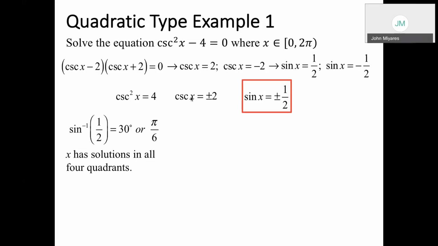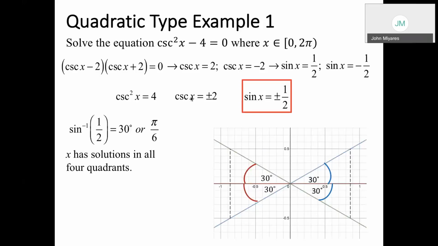In quadrants 1 and 2, the sine of x is going to be positive. And in quadrants 3 and 4, the sine of x is going to be negative. So we're going to have 4 primary solutions to this equation.